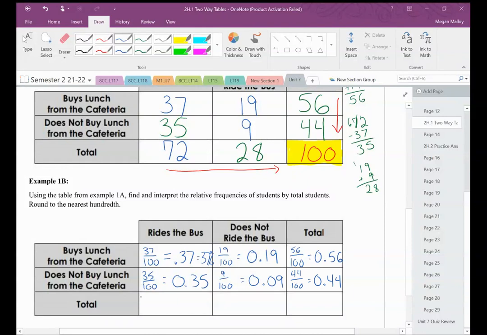And then my total, 72 out of 100, that's 0.72. 28 out of 100 for does not ride the bus, that would be 0.28. And then my last cell, it's 100 students out of 100 students. That equals 1. Okay.